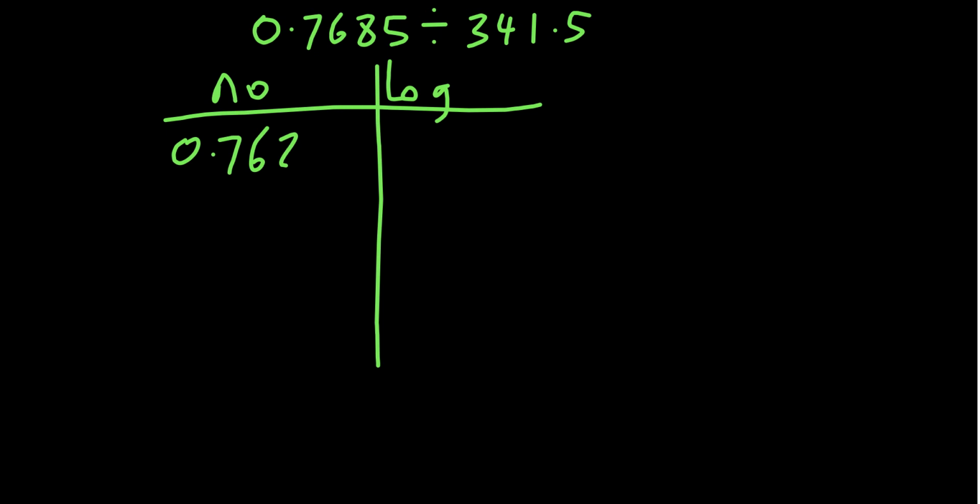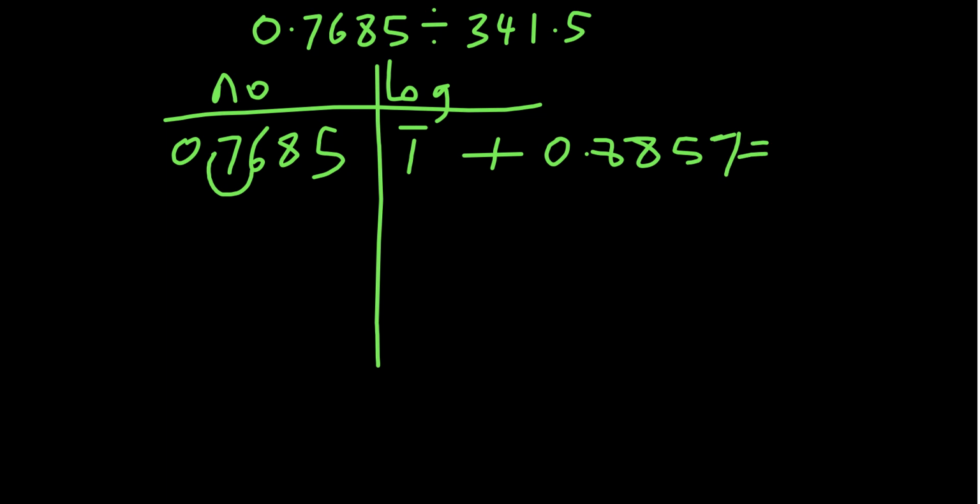If you want to convert this to standard form, you're going to move it one place. So you have bar 1 plus the mantissa value, which is the log of 76 under 8 difference 5. You're going to get 0.8857. So if you combine these two numbers, you have about bar 1.8857.